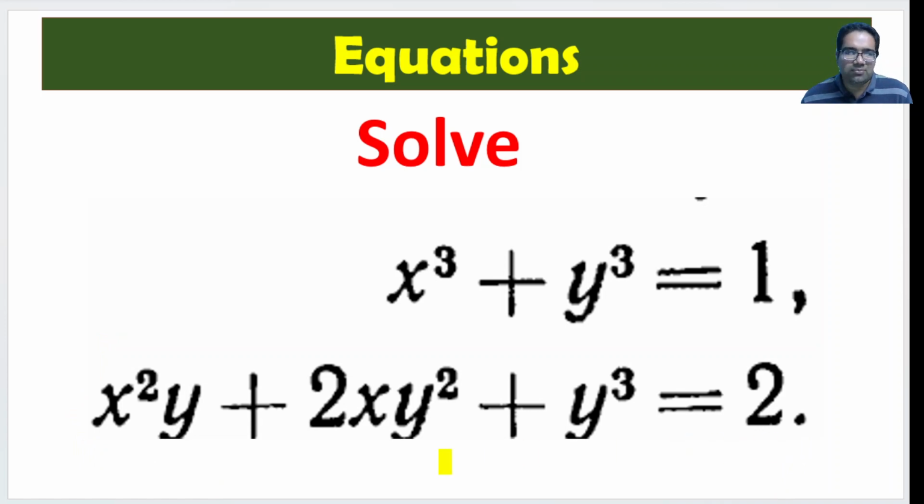For example, for ax square plus bx plus c, there is a ready-made solution: minus b plus minus the square root of b square minus 4ac, all over 2a. We have to simplify these equations into territory which is familiar to us and which is our stronghold. Let's see if we can cancel certain things to simplify these two equations.